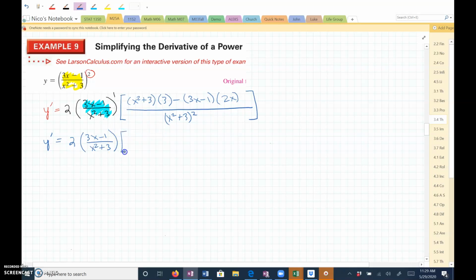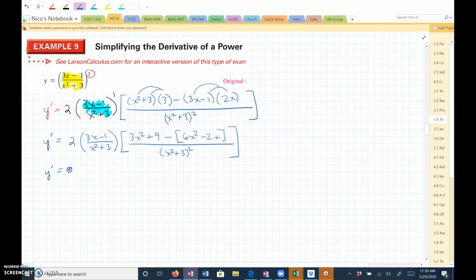This would be, if I distribute the 3, 3x squared plus 9, minus, if I distribute the 2 here, 6x squared minus 2x, all over (x squared plus 3) squared. I've got that.